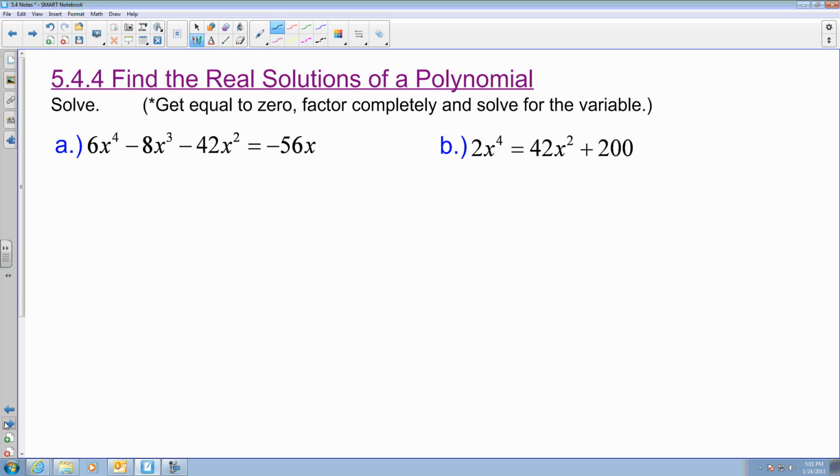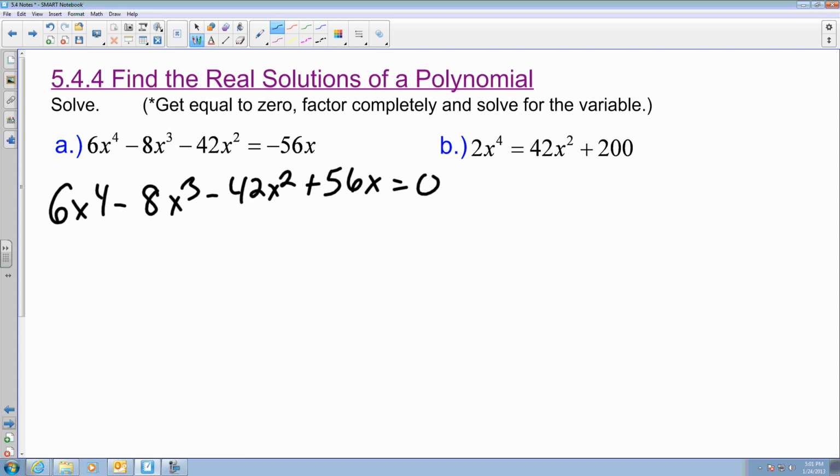Last thing we have is being able to solve polynomial equations. So what we need to do first is get our polynomial equal to 0, so we can solve for x that way. So first off, I'm going to add 56 to both sides, which is 64x to the fourth minus 8x cubed minus 42x squared plus 56x equals 0.